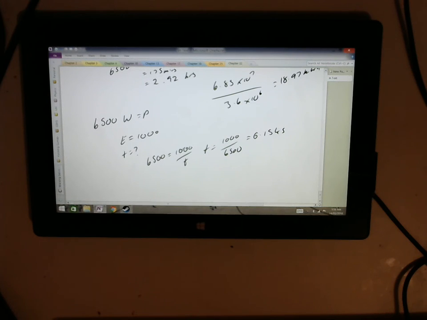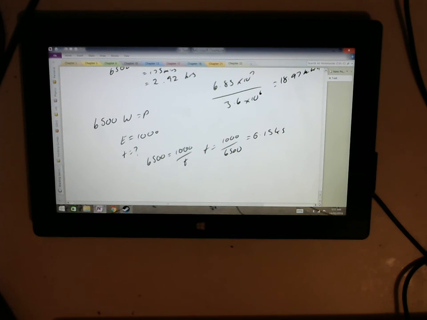But we've got to do this over an hour. So I would wonder if this is the amount of that into an hour. An hour, remember, is 3,600 seconds. If we divide that by 0.154, we get 23,376 units of seconds here. I don't think I can use that number to work it out.